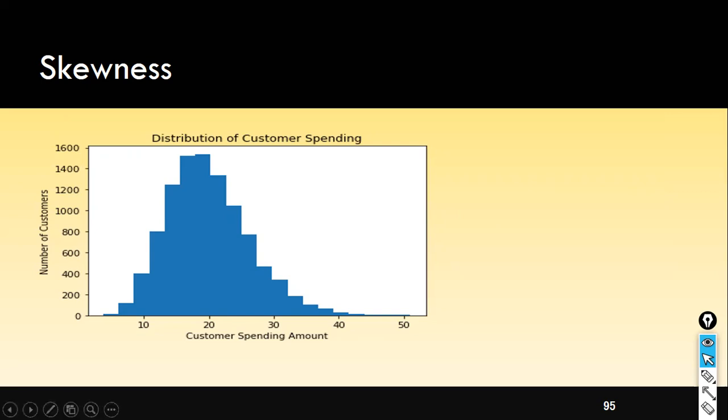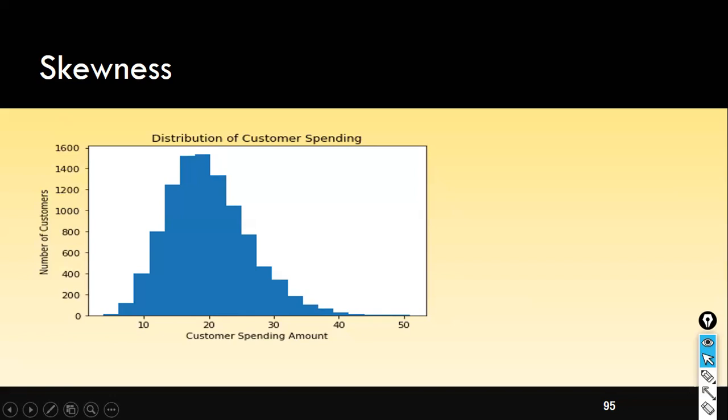But most customers spend less than $25. Only a few customers spend $30 and above.